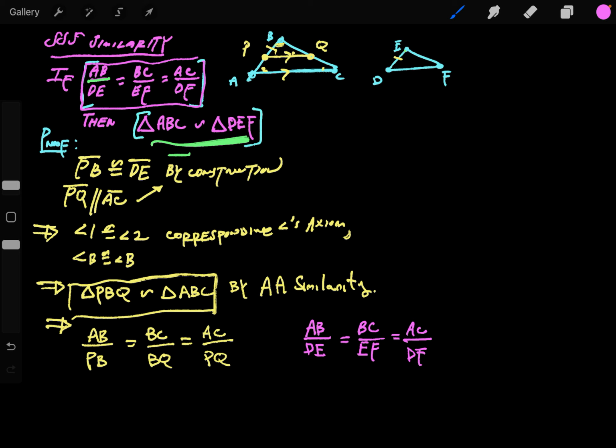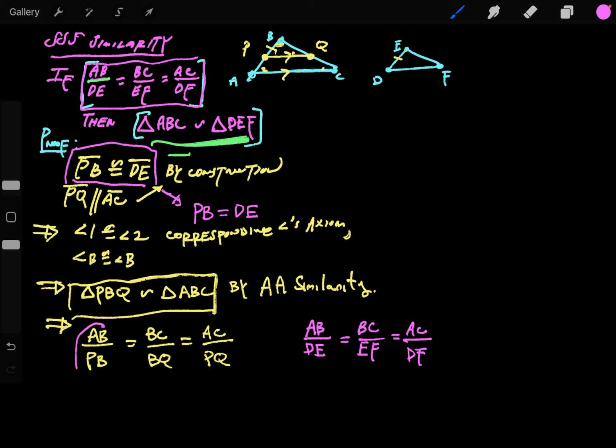Now, with these, and one other fact, that these two segments are congruent, which means their lengths are equal, PB is equal to DE by definition of congruent. So I have that PB is equal to DE, right?